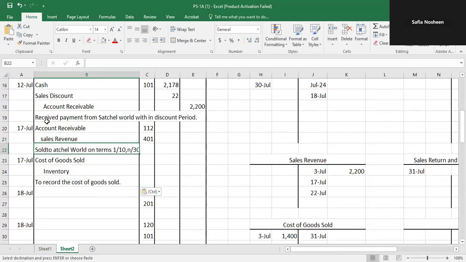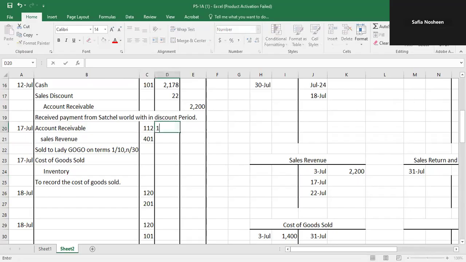So at this time, we are selling to Lady Gogo. Terms will be the same. So the amount of sale was 1400, whereas the cost was 1010.